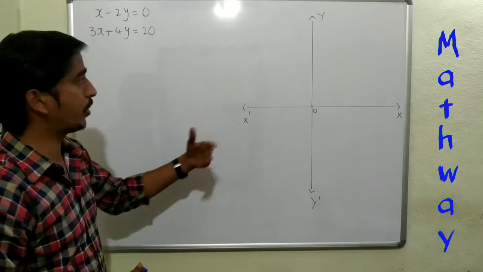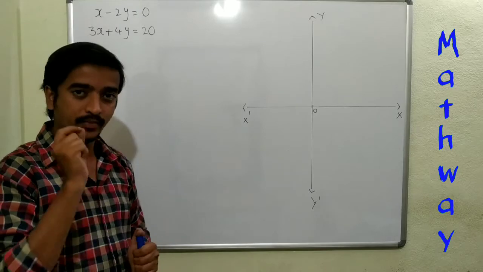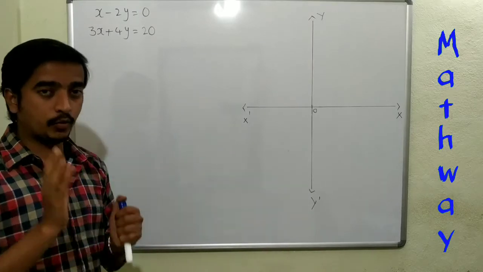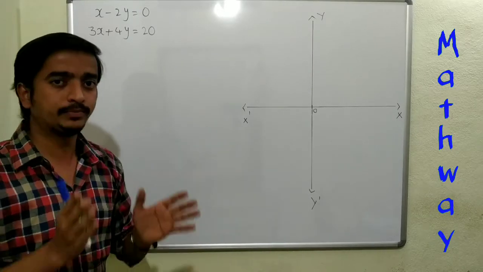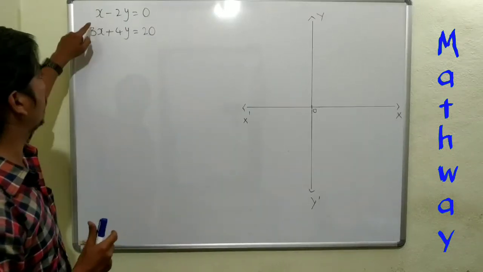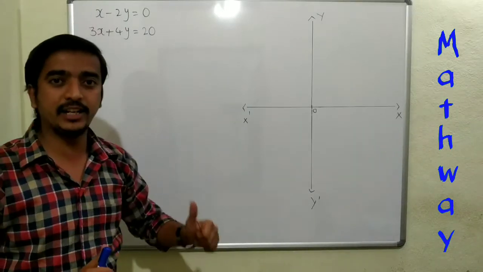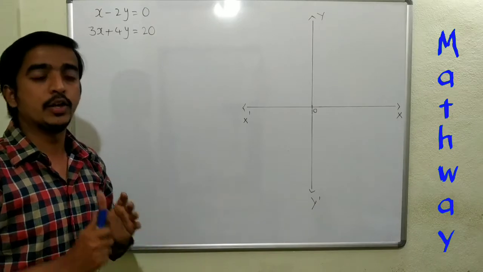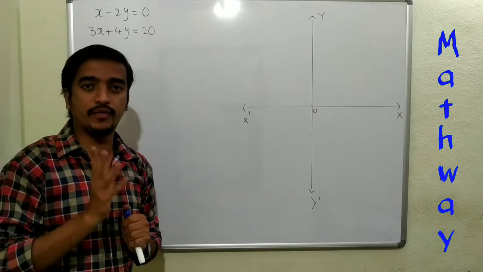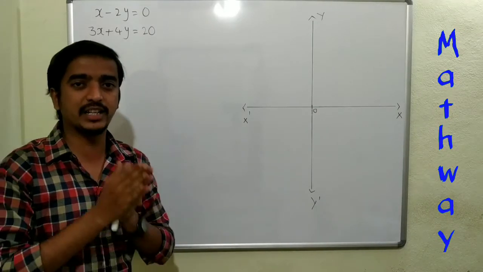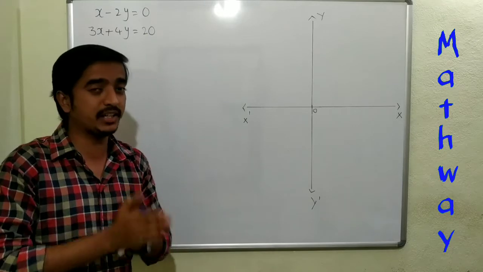First, before drawing the graph, we need to take the x coordinates and y coordinates. To find that, there is a process to follow. First we need to know whether these lines are intersecting, parallel or coincident. By comparing the ratios of the coefficients, we can say which lines are parallel, which lines intersect and which lines are coincident.